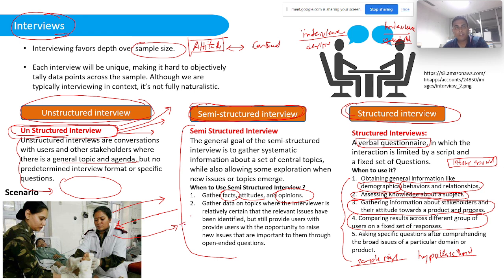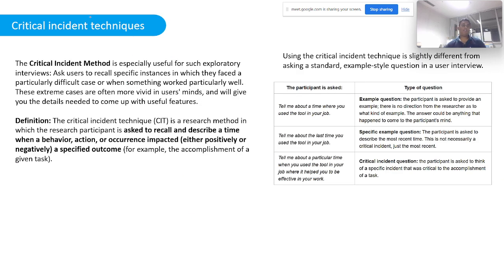Okay. So the next important technique is the critical incident technique. Critical incident technique is a method of interviewing or collecting information from a stakeholder or user, where we ask the user to recall and describe a time when a particular behavior, action, or occurrence impacted a particular task outcome.